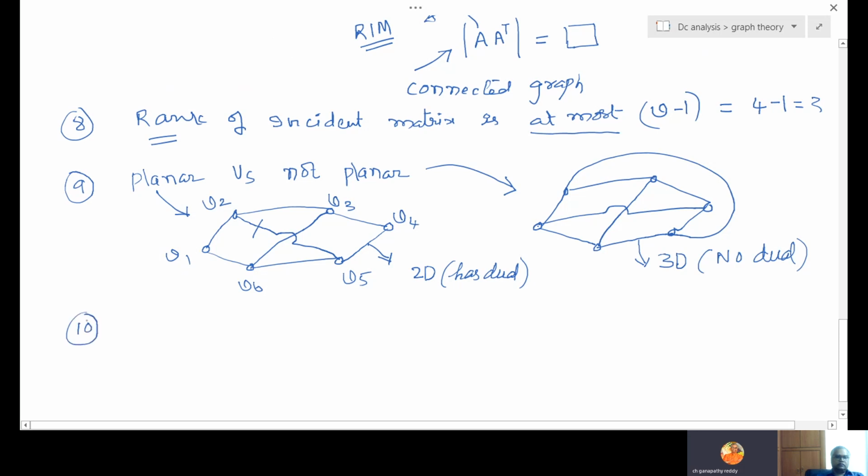And F circuit is called as F circuit. F means fundamental set.